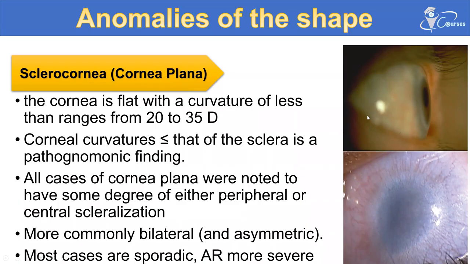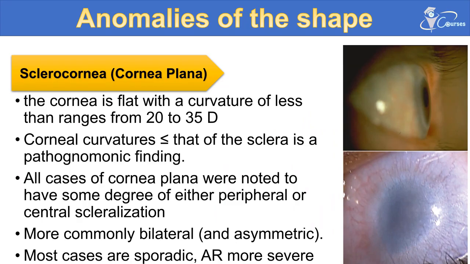In cornea plana, the corneal curvature is always equal to or less than the scleral curvature. So you can see that the sclera is curved, however the cornea is flatter. And this sign is almost always present, like a pathognomonic sign for the presence of cornea plana or sclerocornea.